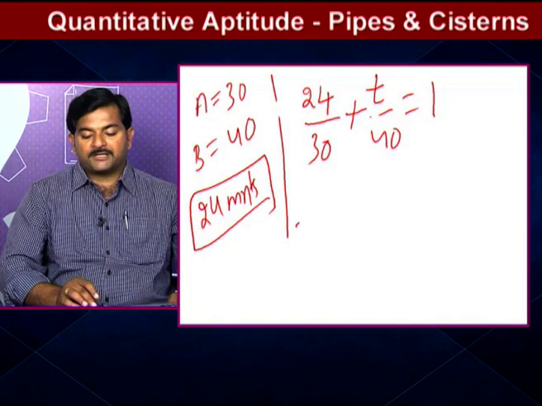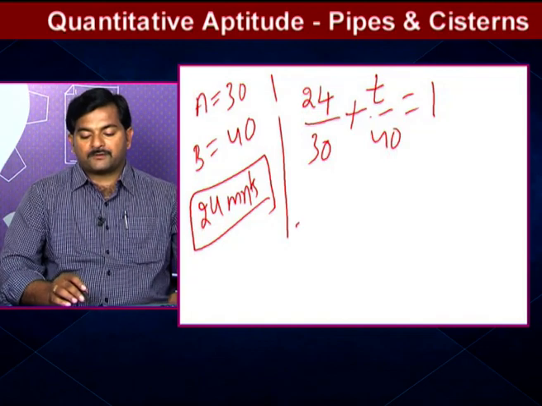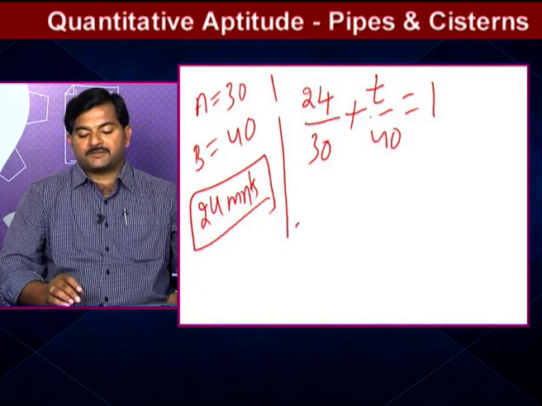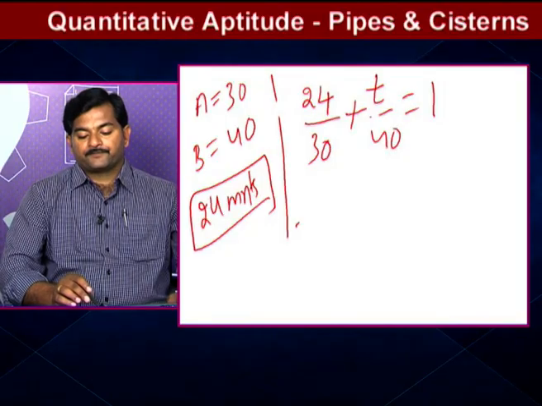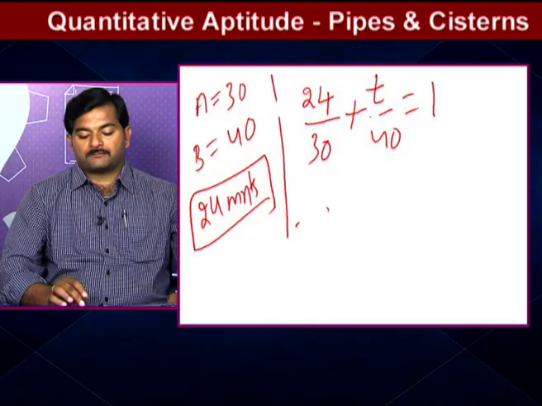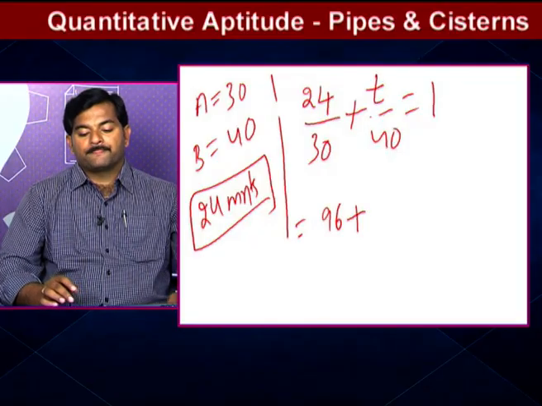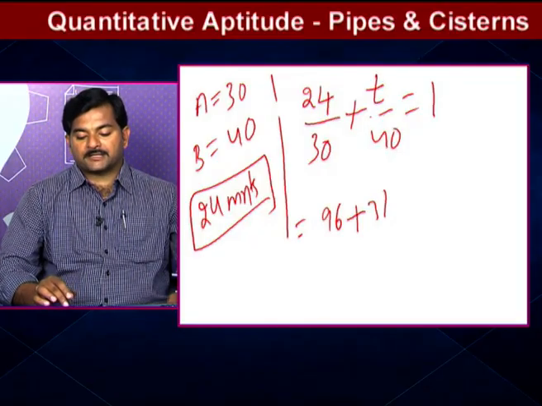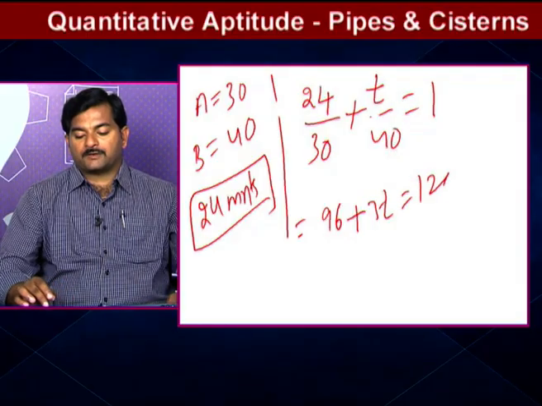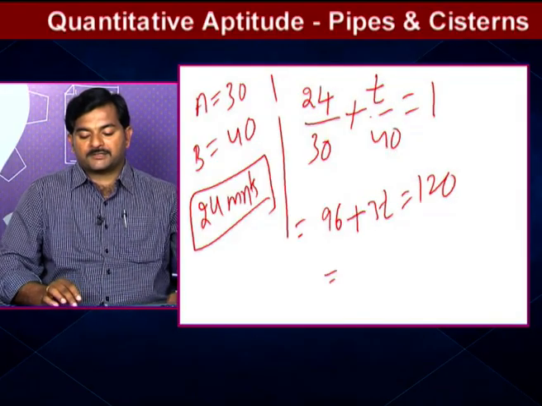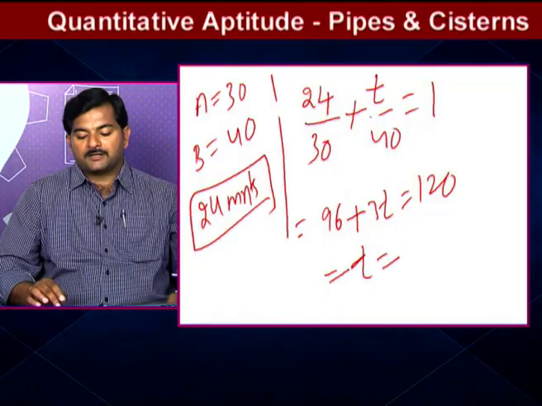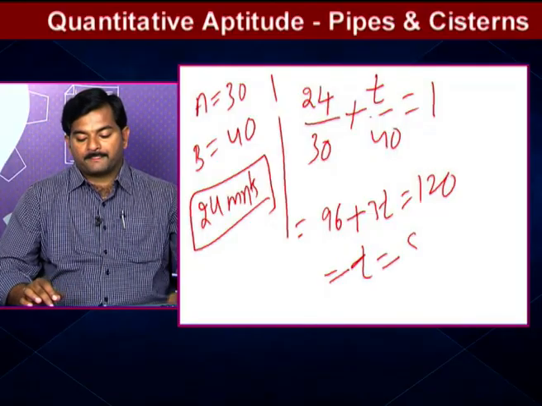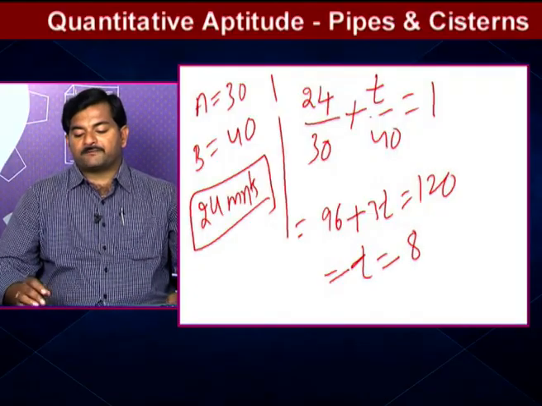If I am solving these two, the LCM is 120. 30 fours are 120, so 24 fours are 96, plus T times 3, that is 3T, equals 120. Solving this, T equals what I am getting? 8.